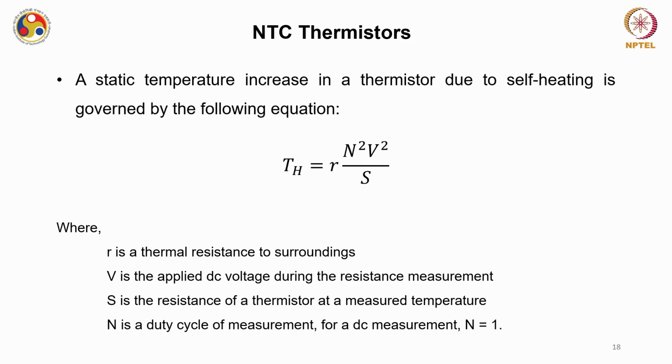Please note that the small r and S are different. r is the thermal resistance to the surroundings, while S is the electrical resistance of the thermistor at a measured temperature, and N is the duty cycle of the measurement associated with any AC signal. For DC measurement, you can take N as 1.